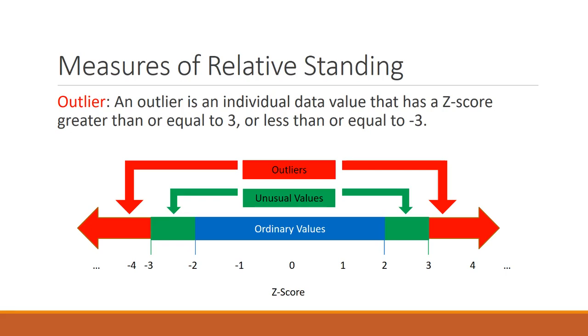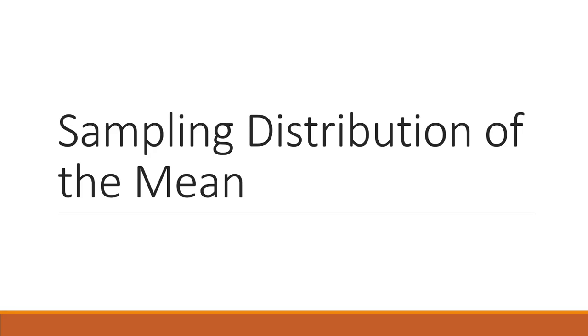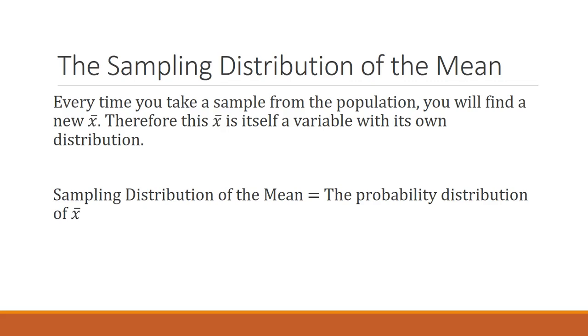Now, the next pillar that we need to put in place is a sampling distribution of the mean. We talked about this in the last lecture, but I'm going to talk about it again because it's an important concept, and I think it's kind of challenging to understand. So I'm going to review it. Every time that you take a sample of data from the population, you will find a new sample mean.